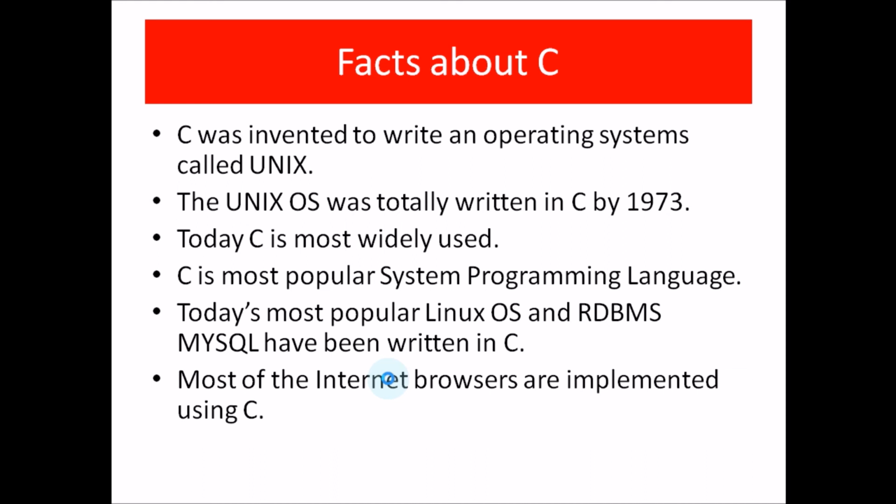Also, devices like microwave ovens, washing machines and digital cameras are getting smarter day by day. This smartness comes from a microprocessor, an operating system and a program embedded in the device. These programs not only have to run fast but also have to work in a limited amount of memory. No wonder that such programs are written in C.